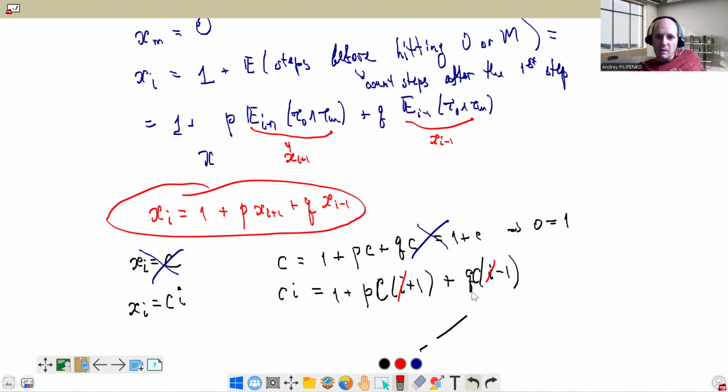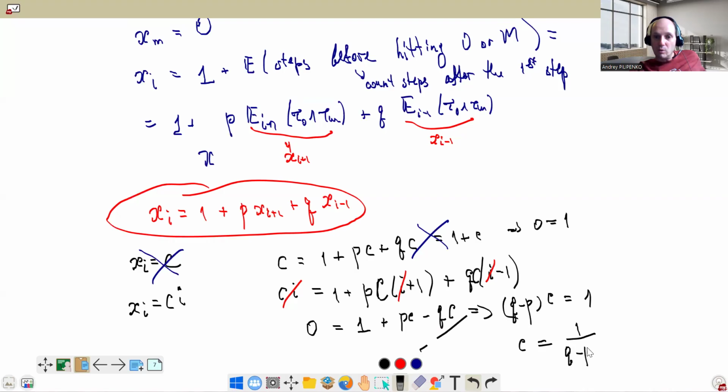And this i cancels out with this. And we get the following: 0 is 1 plus pC minus qC. So q minus p times C is 1. So C is 1 over q minus p, if p is not q.